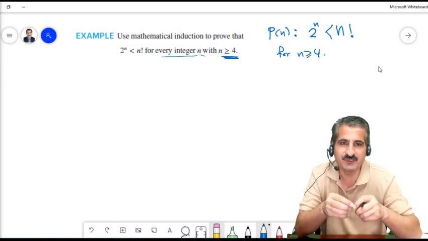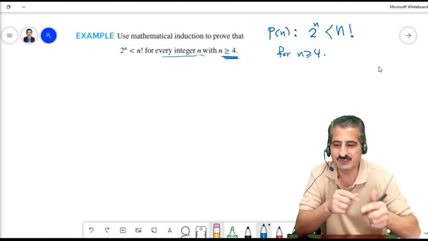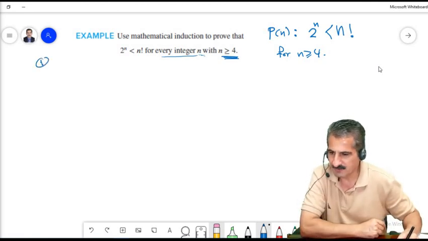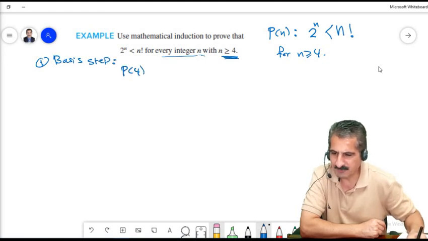So the first step, the basis step, will be P of 4 is true. So let's go for it. Step 1, the basis step, which says that P of 4 means 2 to power 4 is less than 4 factorial.